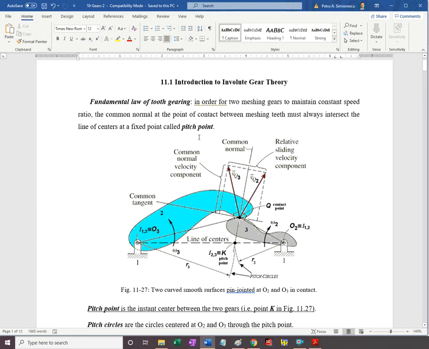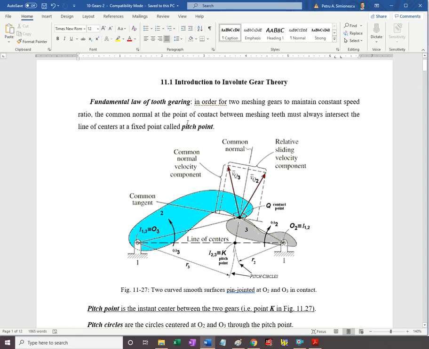Anyway, so fundamental law of tooth gearing, and again, instant center theory. When we looked at two moving bodies on the ground, contact between a cam and follower, we had a couple of examples. Should be reviewed at this time.